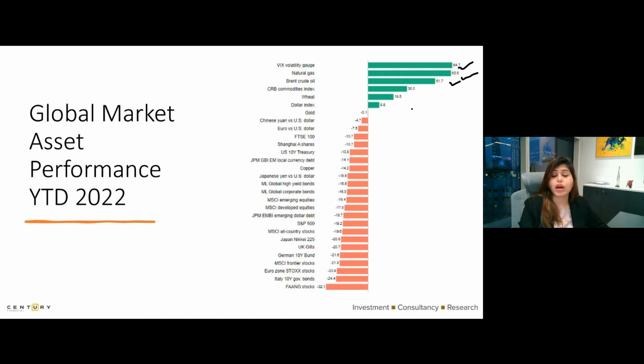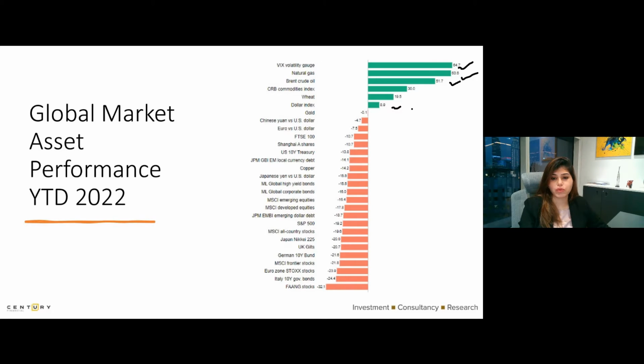Then you have the dollar index. In fact, today it's up even more, so this number is much more than 9%. You have gold, for that matter, which is relatively flat for the year. And when it comes to the treasury markets, bonds have also not done really well this year. They are down by 14%.